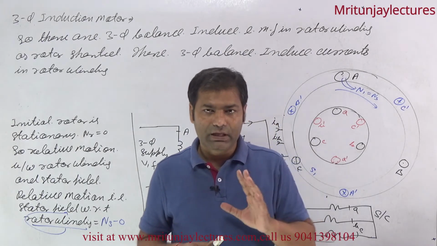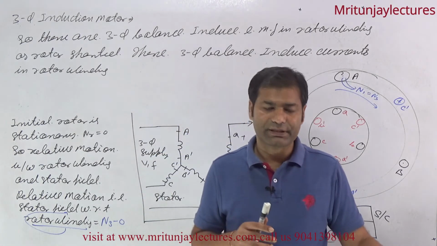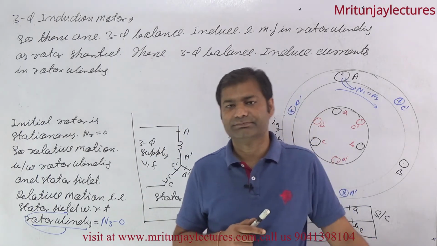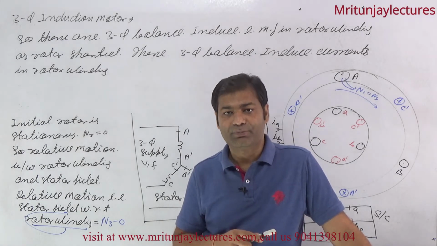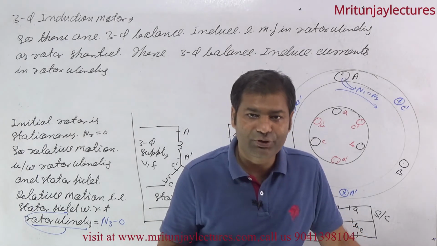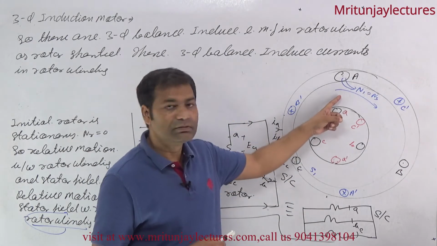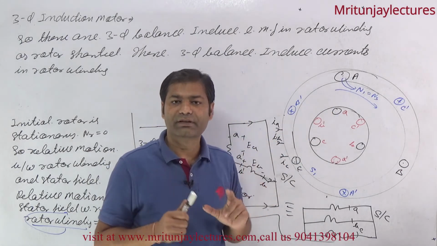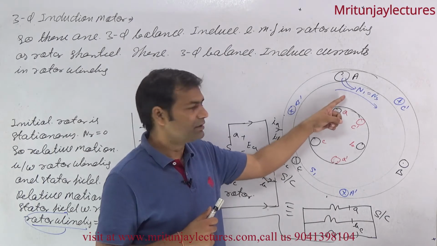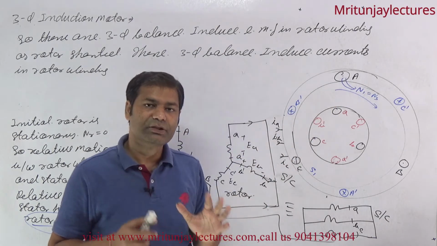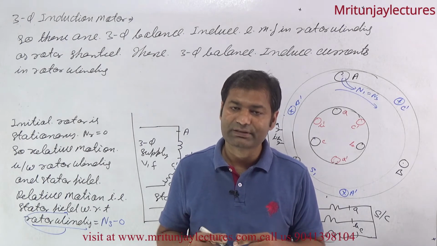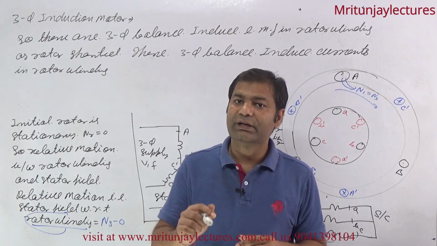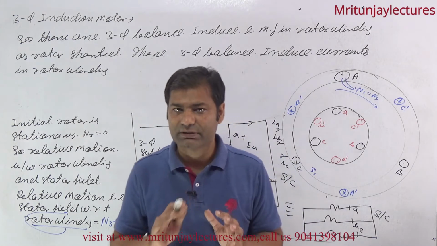Now if induced current is also generated, according to Lenz law, induced current always opposes the very cause of its production. What is the cause of production? The induced current is generated by relative speed. So the cause of production is relative motion. It means the induced current opposes the relative motion. Clear?